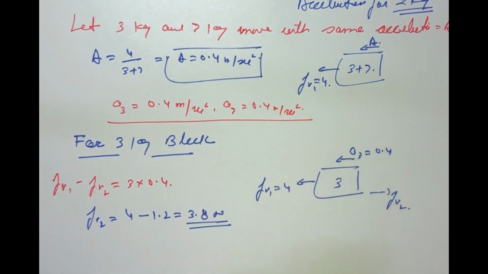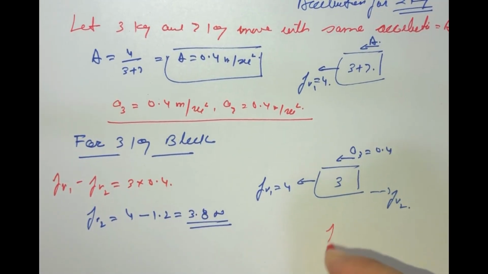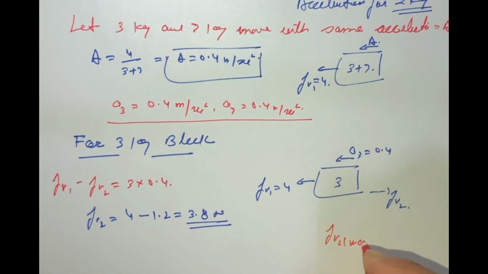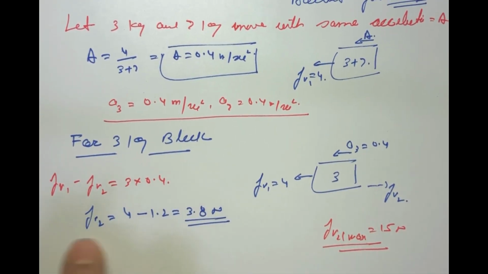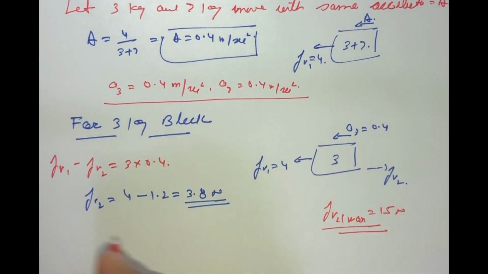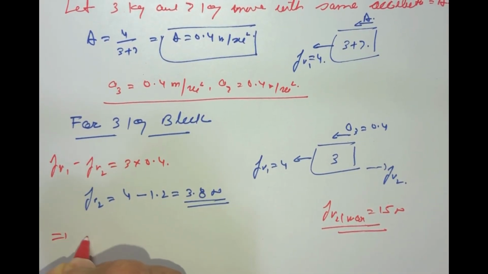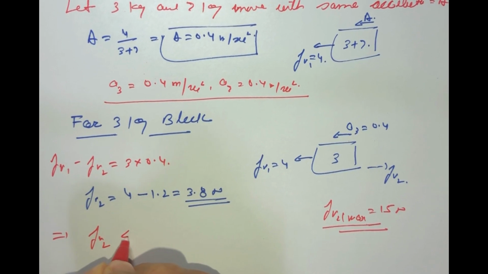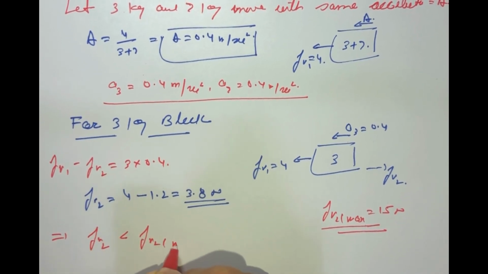Newtons. But the maximum value, Fr2 max, let me write here, Fr2 max is 15 Newton. So if you make comparison, you can clearly say that Fr2 is less than Fr2 max.